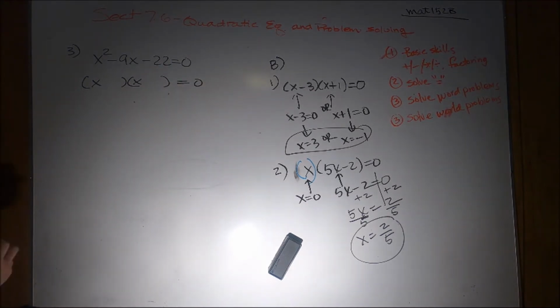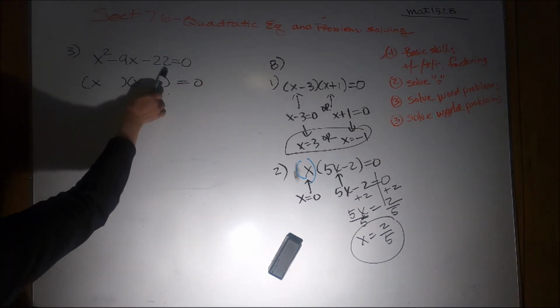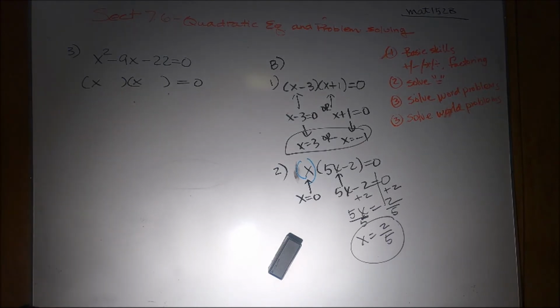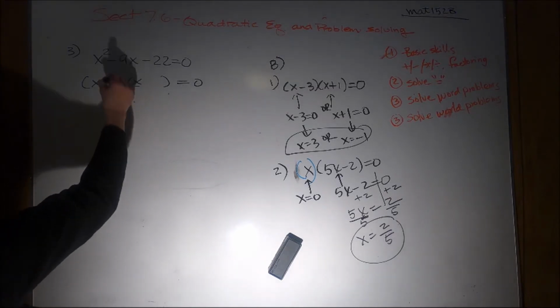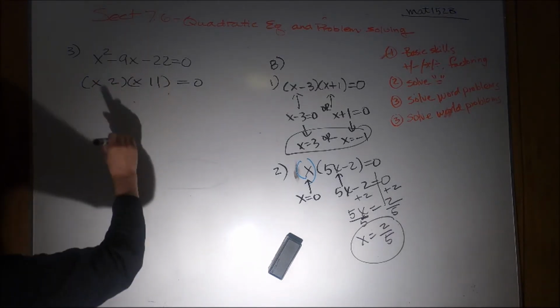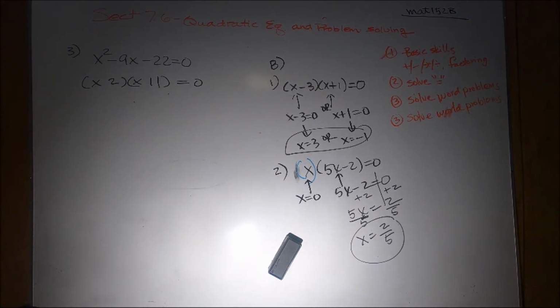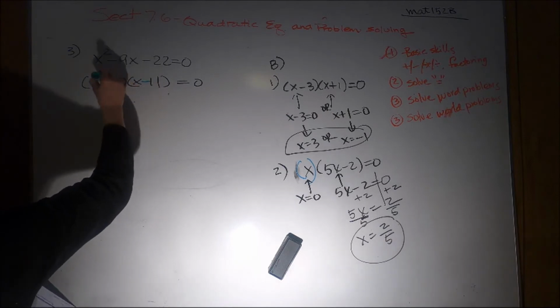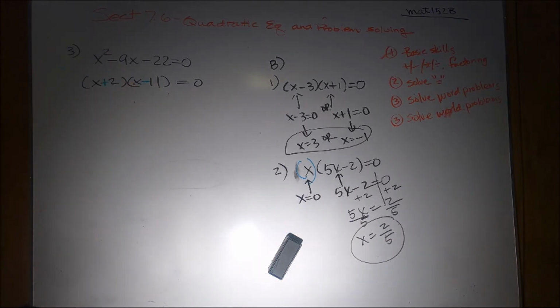I can just write it directly with x and x, right? Which two numbers multiplied together are -22 and added together are -9? That would be 2 and 11, right? 2 and 11 multiplied is 22. So it will be 2 and 11. But you have to decide the sign. To add together to -9, you will be +2 and -11.